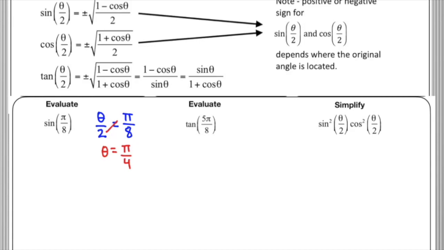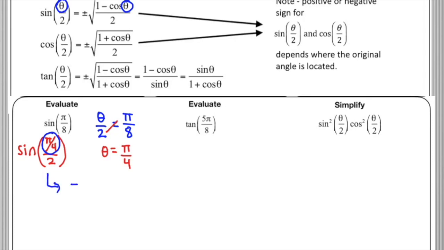So the way that we want to rewrite this is the sine of pi over 4 divided by 2. And the reason why we want that is because theta will be defined up top, so we can just insert theta into the formula and knock it out. So let's do that.